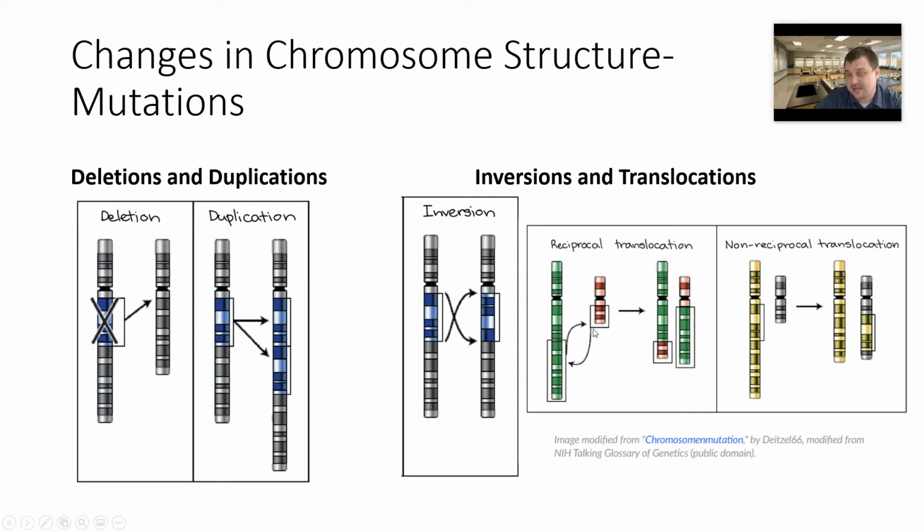Sometimes it does occur, though, where they match up during prophase 1, during crossing over, and the two sets of chromosomes that were not supposed to mix DNA do so. It's called reciprocal translocation. Sometimes we get non-reciprocal translocation as well. So here are a few different types of mutations that can cause genetic variation in the offspring.